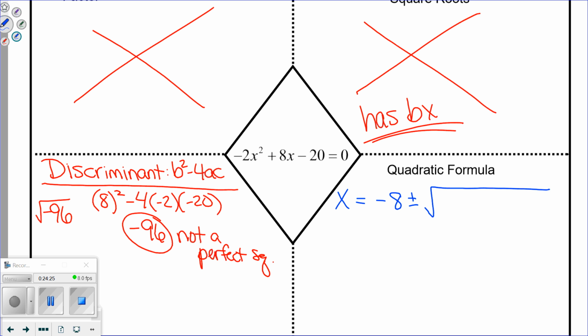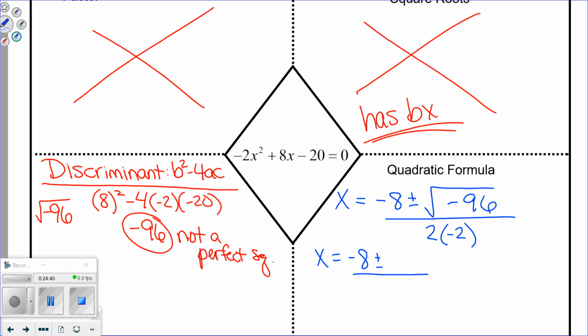Okay. This was negative 96, because we already did that, all over 2a. Again, yours will look a little different until the very end. Now, negative 96, we already established it's not a perfect square. So what should we do with it? A factor tree. I still see some of you trying to divide all of these numbers.